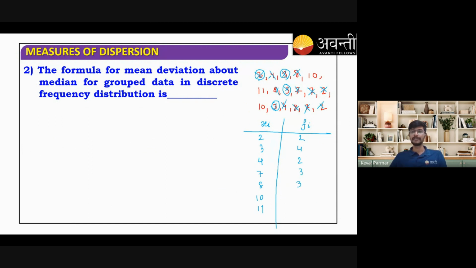What is 10? 10 is once, twice, and 11 is once. So this we have converted into a grouped frequency distribution.